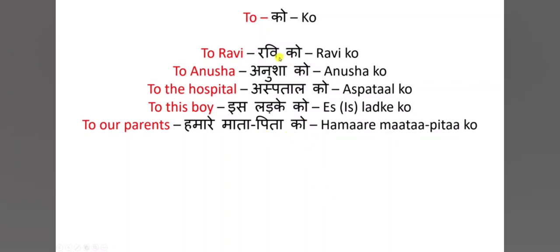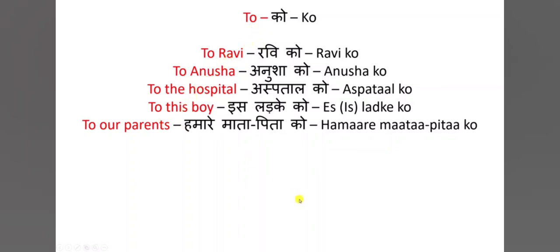So here you must notice that while writing, we write these words separately. Ravi is one word, ko is one word, Anusha is one word, ko is separate word, aspatal is one word, ko is written separately. We do not join these while writing.